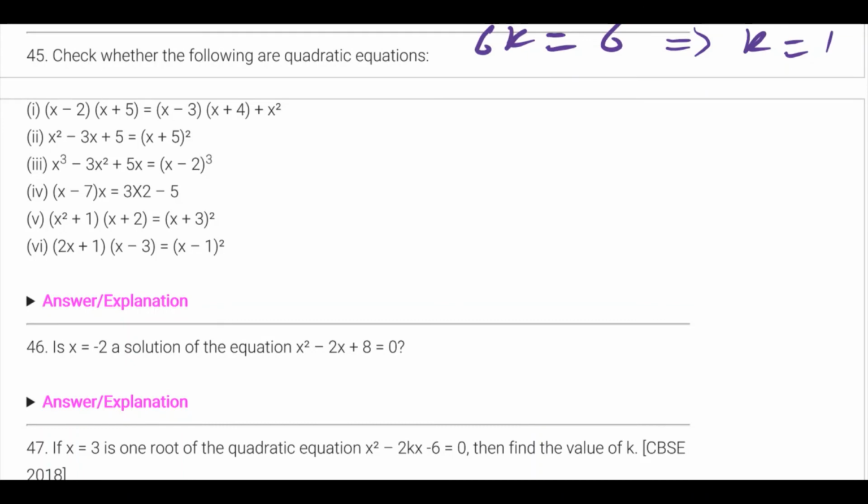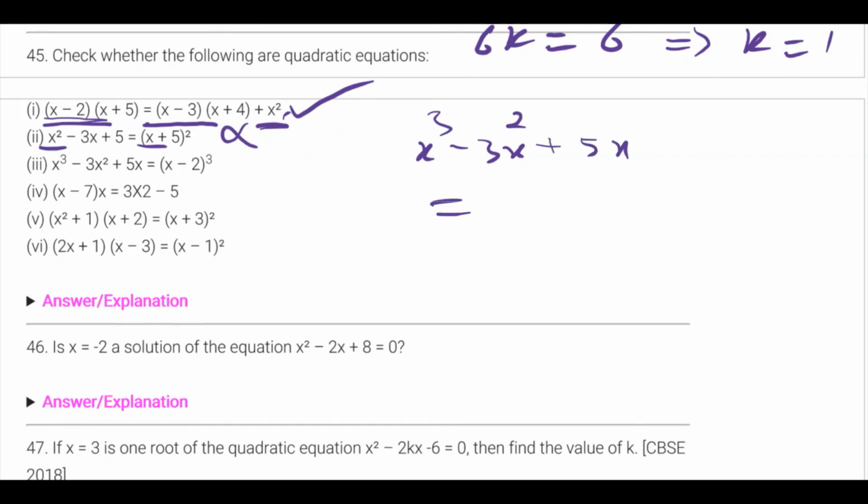Check whether the following are quadratic equations. The first one contains x square here, and x square here gets cancelled, but x square here is there, so it's a quadratic equation. This is not a quadratic equation because x square gets cancelled. And the third one is x cube minus 3x square plus 5x.